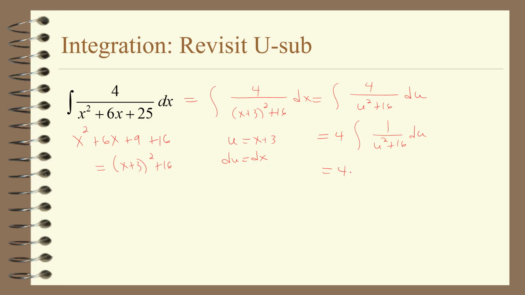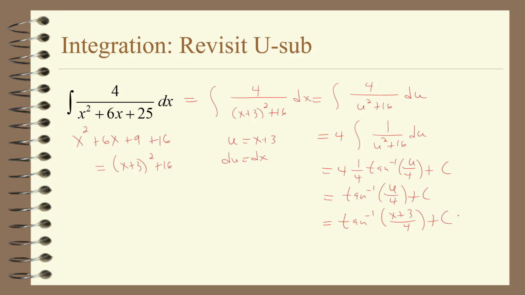You have 1/4 the inverse tangent of u over 4 plus c, and there's a 1/4 because of this 4. This then is the inverse tangent of u over 4 plus c, and that's the answer in terms of u. I want it in terms of x, so I'll replace the u with what it's equivalent to, which here is x plus 3.